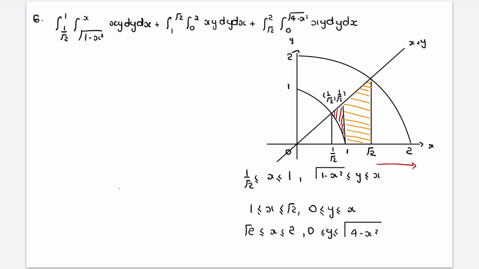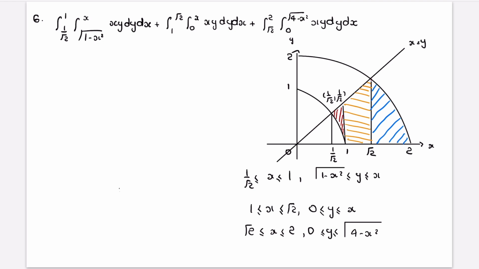But for y, it is greater than 0 and then less than the circle. So we can note that the last part is here. Yep, now we can combine all these three parts into one part.